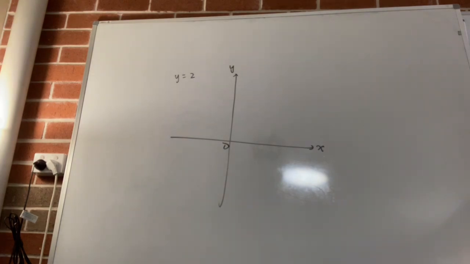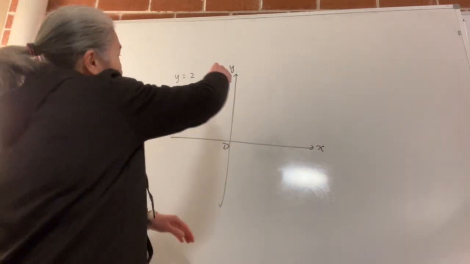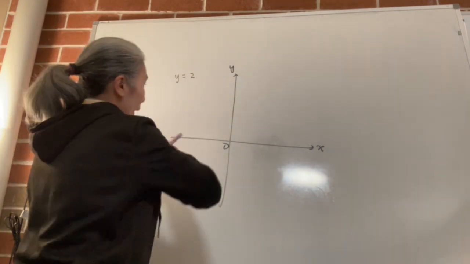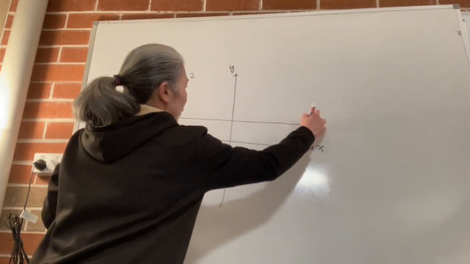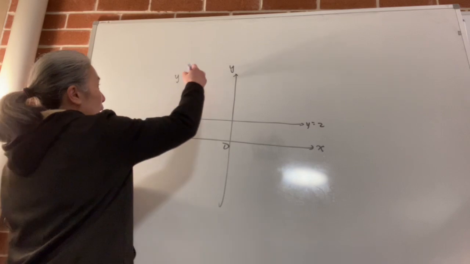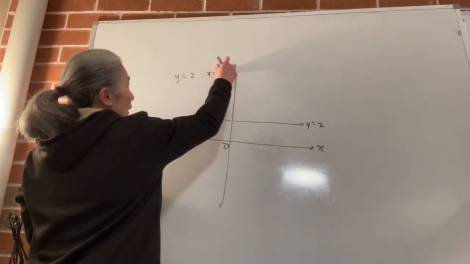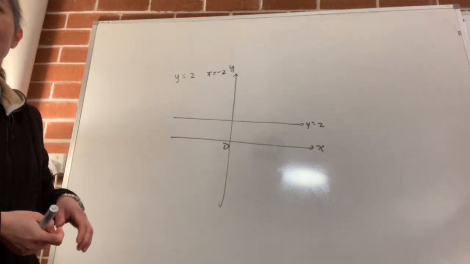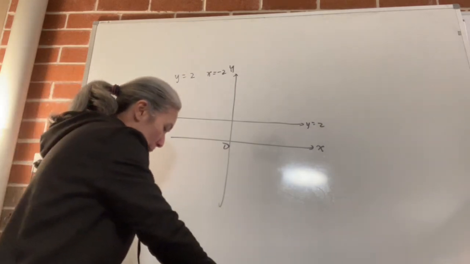Going that way. Yes, that way, cutting the y axis at 2. So y equal to 2 is here. If I want x equal to minus 2, what is that going to look like? Yeah, going through the minus 2.